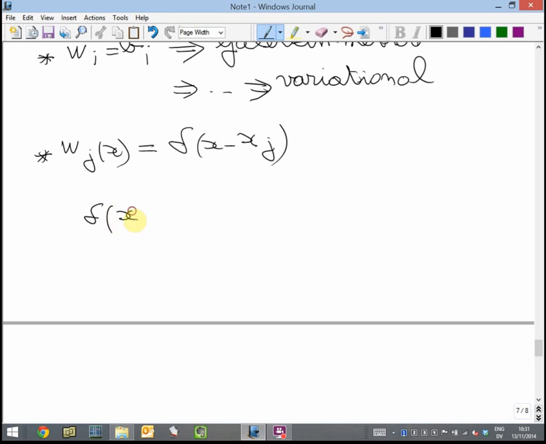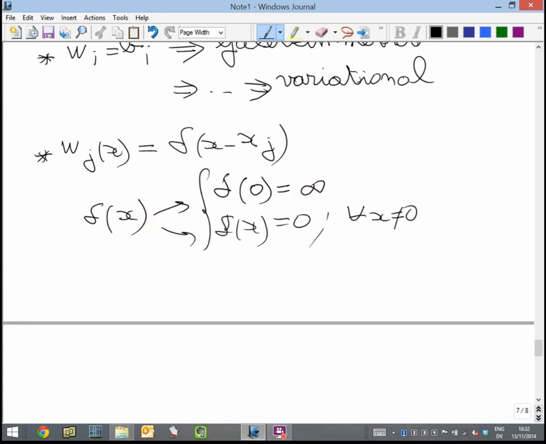A delta function centered at the origin, so delta(x), is a very special function which is 0 if you're not in the origin. That's quite boring. But the function makes up for this boring fact of being 0 everywhere in that the value at the origin itself, in a way, is infinity.